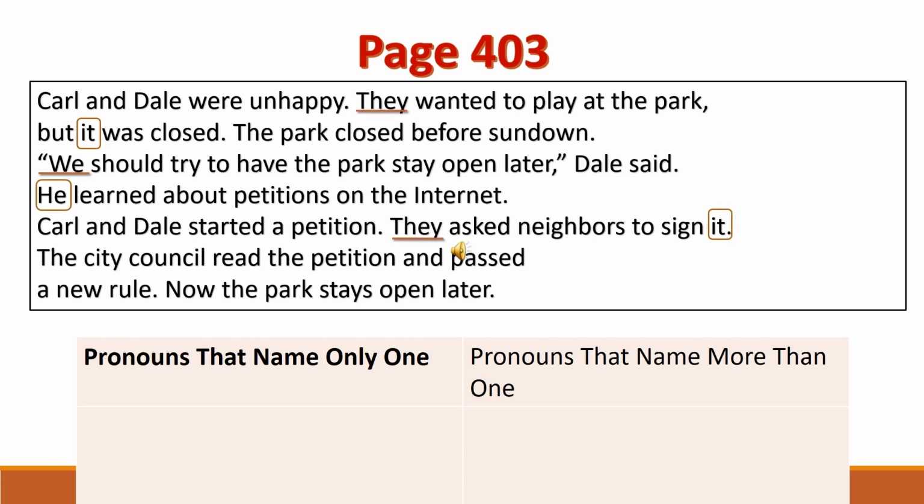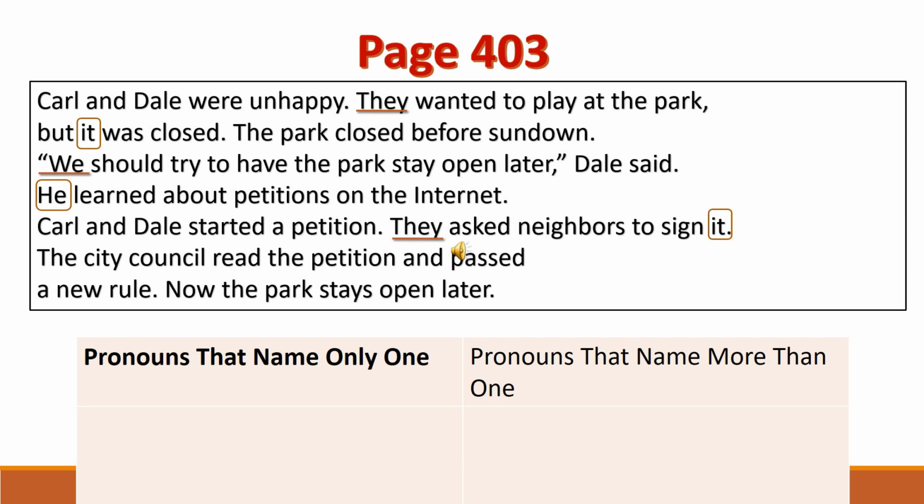Alright, so let us check the answers. So take a look on the screen. As you can see, we have the underlined pronouns they and we. So both of these pronouns are used to name more than one. Okay, that's why we underline them.